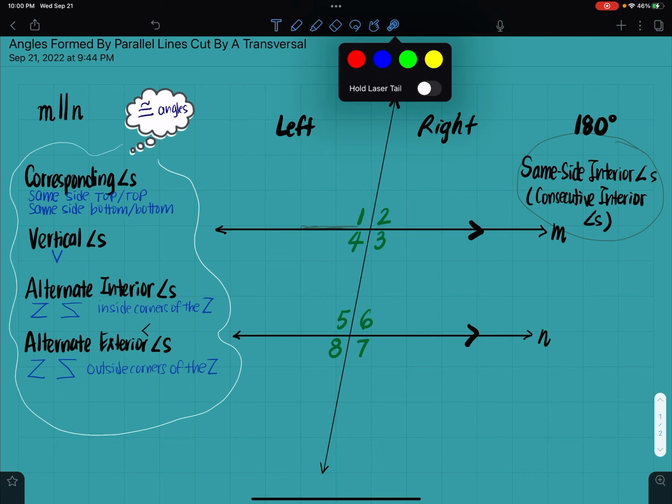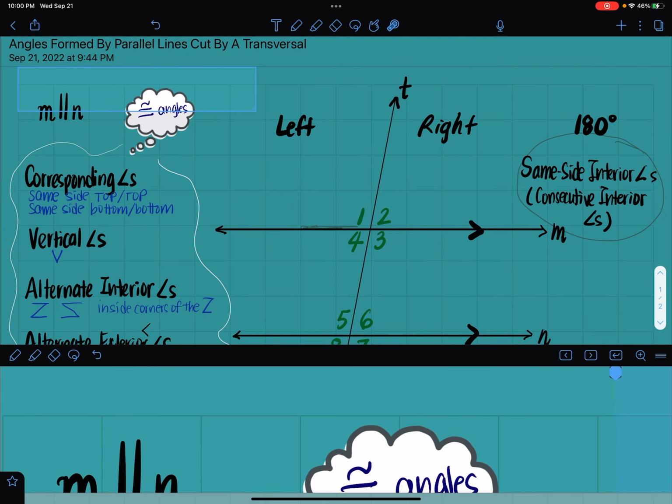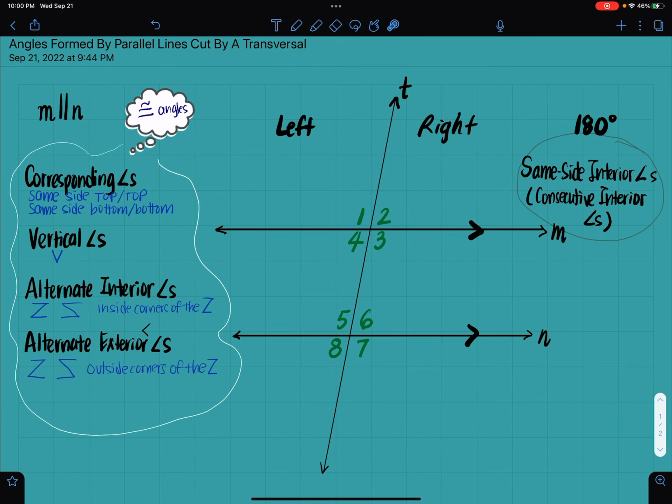But now let's discuss a different type of angle. This angle is called the same side interior angles, sometimes they refer to it as consecutive interior angles. They do not produce congruent angles, but they produce angles that sum up to 180. Now, what does same side mean? Well, just like I said before, side means right or left. So right now, let's look at the right side here.